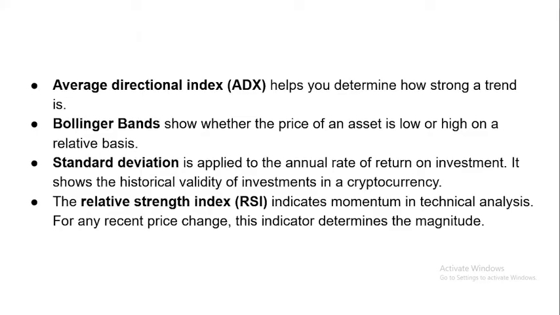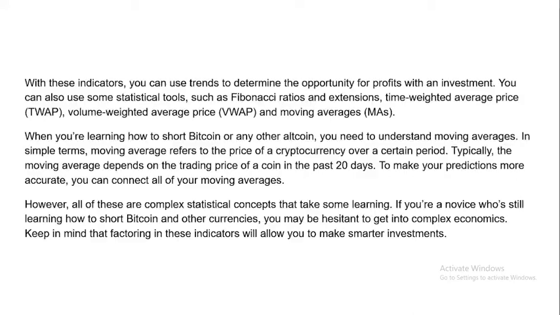There's the average directional index, the Bollinger Bands, standard deviation, and relative strength index. With these indicators, you can use trends to determine the opportunity for profits, risk, and investment.